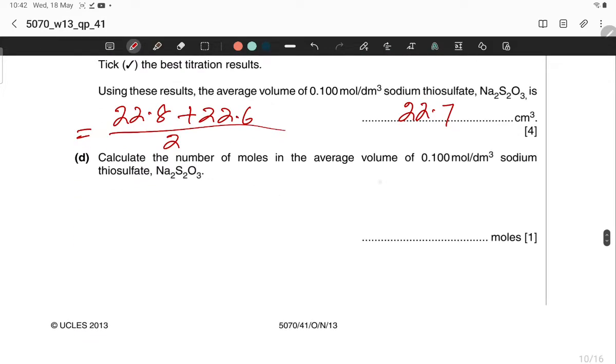Calculate the number of moles in the average volume of 0.100 mol per dm³ sodium thiosulfate.